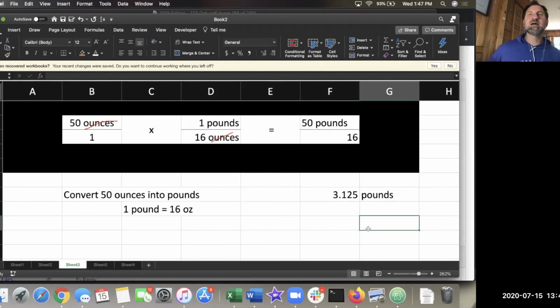Now that might seem like overkill. If you knew by looking at the fact that a pound is 16 ounces that you were going to need to divide by 16, you were right. The reason that we do this approach, though, is because, number one, a lot of people don't know intuitively whether to multiply or divide. Number two, even if you think you know, when problems get more complicated, it's nice to have a structure that you can look at and say, okay, this is how I'm convincing myself that I'm doing the right thing.